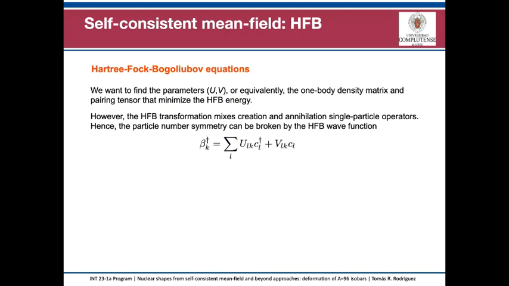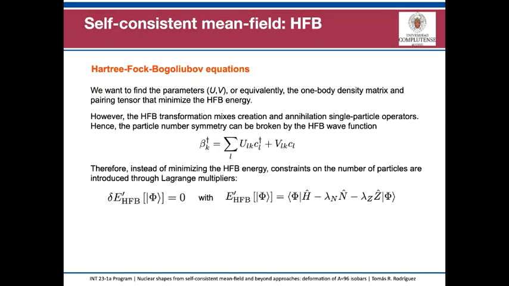Therefore, if we want to describe lead-208 and not, I don't know, lead-208.6, then we have to impose in the minimization of the energy, with the wave functions that are the vacuum of these operators, some auxiliary conditions by the usual Lagrange multipliers.